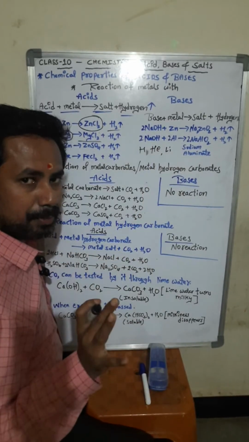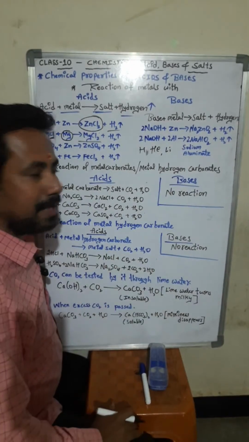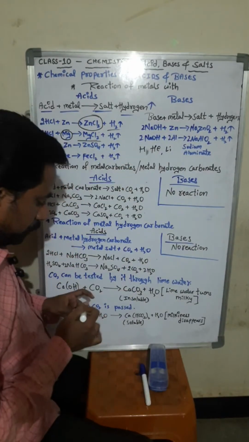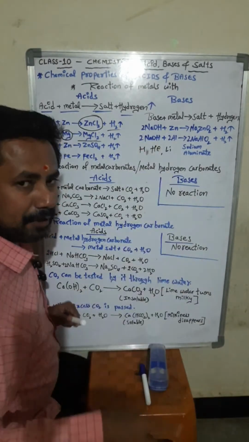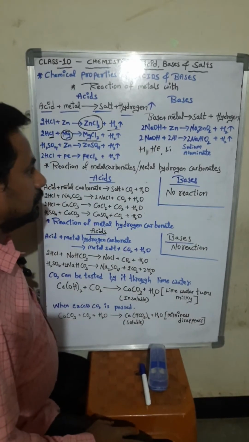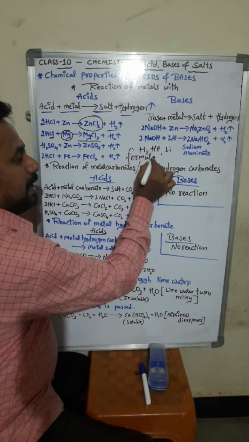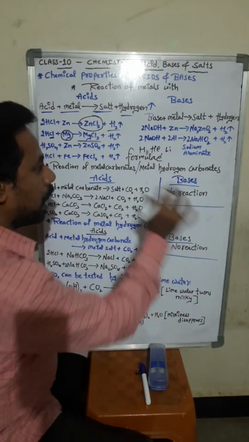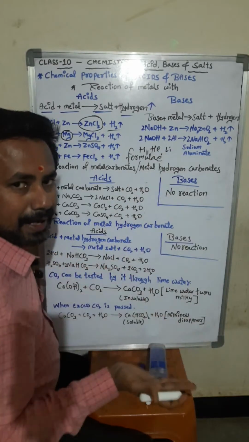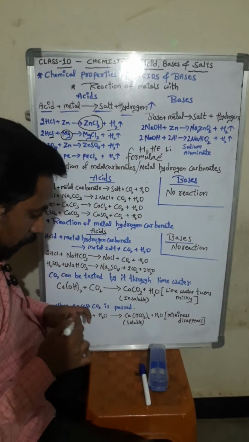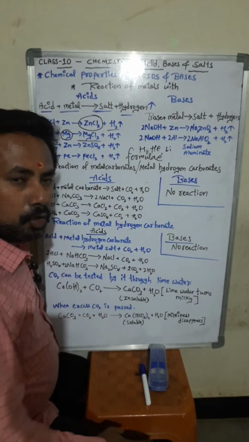When compounds are there, two or more elements combining, we have to call them formulae. Is it clear?